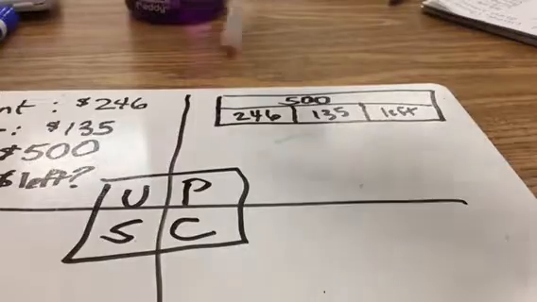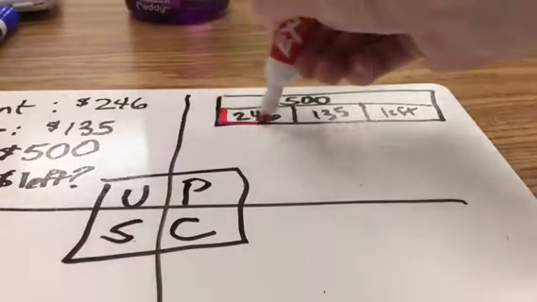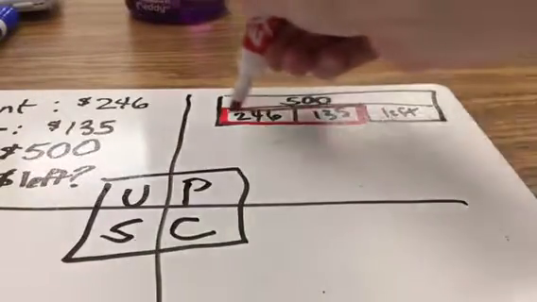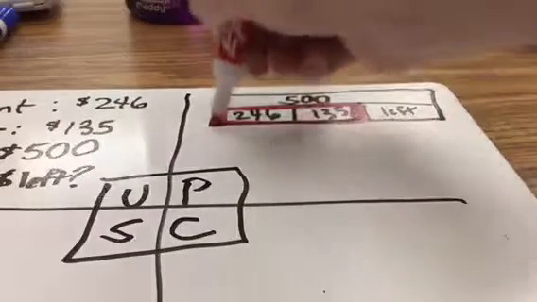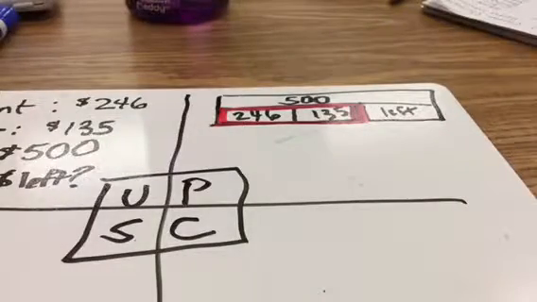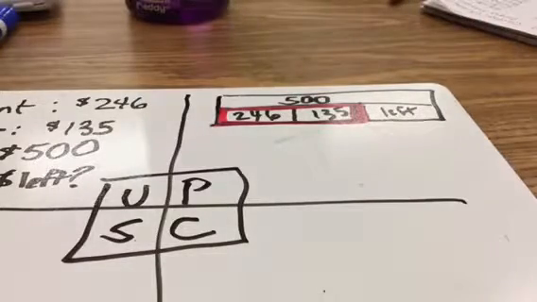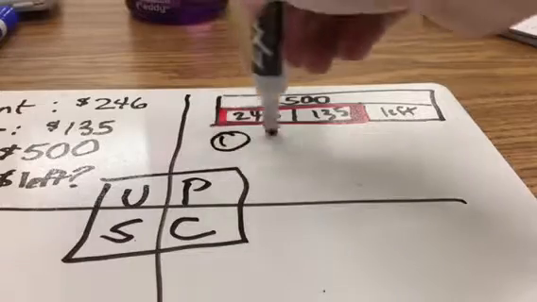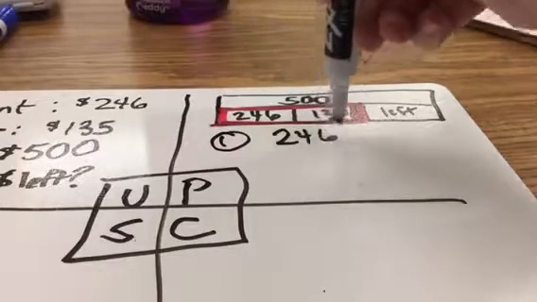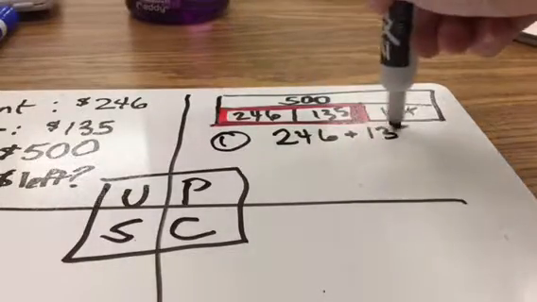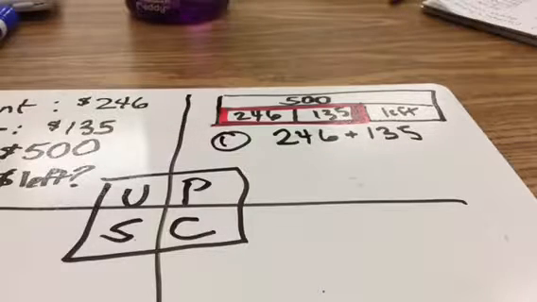So I'm going to figure out how much has he spent in all. So I want to know how much money in all is gone. So I'm going to add the 246 plus 135, because that's going to tell me in all how much money has Nick spent.